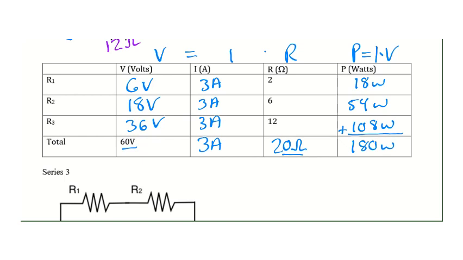So to complete the power check, we need to see if P total is equal to I total times V total. I total is 3, V total is 60. So in fact, we do get 180. So we can see that this passes the power check, indicating that we have likely completed this VERP chart correctly.